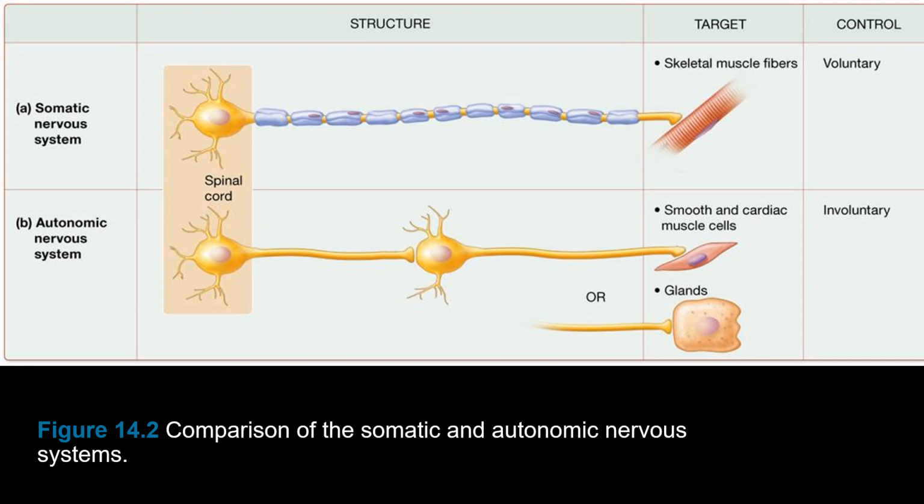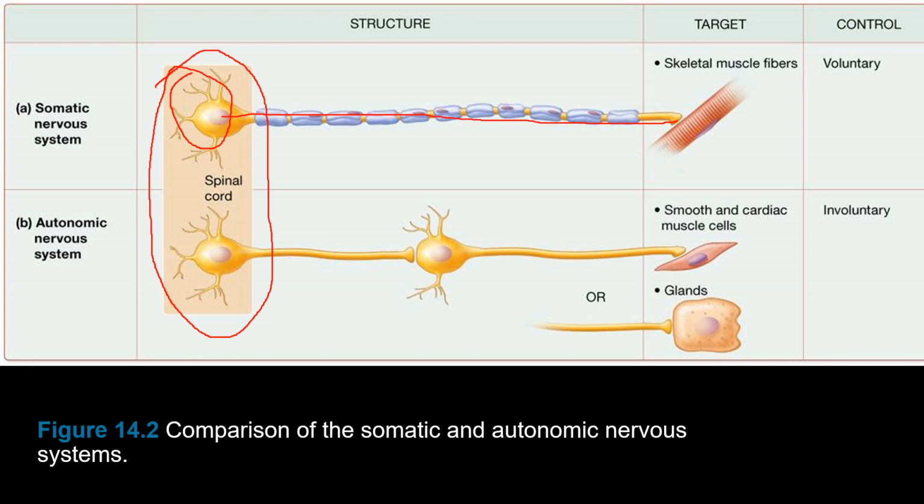Here's a great example. You see indicated here we have the spinal cord, and inside of it you have the gray matter with the soma of the axon, and in the somatic system it just travels out and synapses directly onto those skeletal muscle fibers.